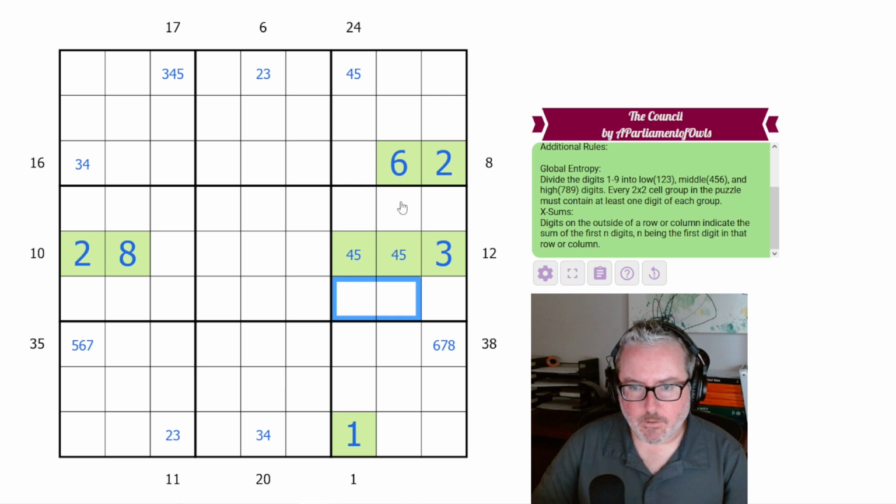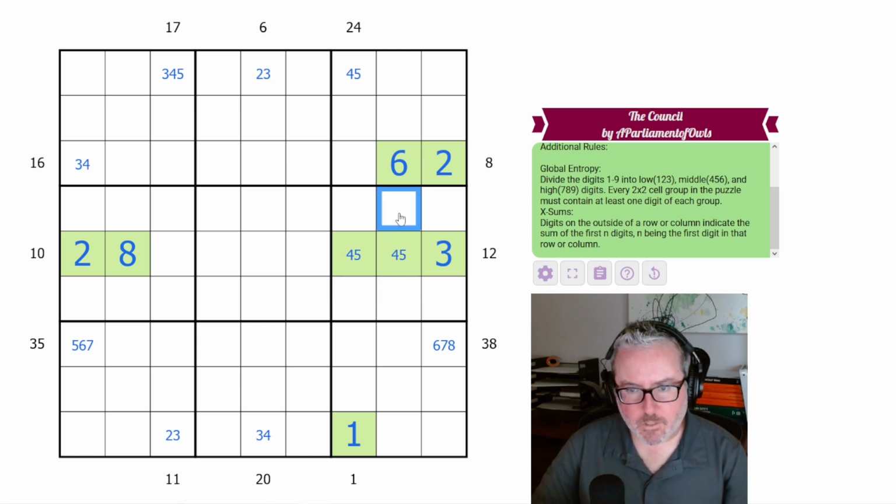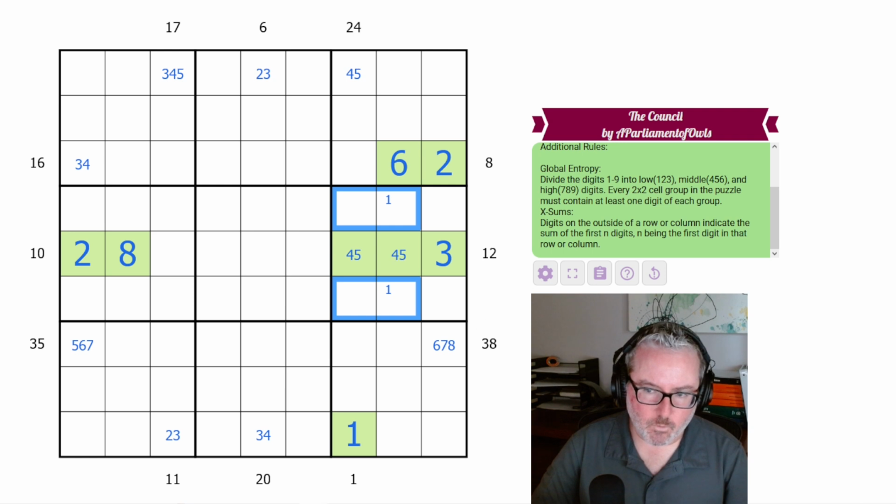So all of the lows are being taken up in these cells, which means one of these has to be a 1. Because this one sees those. We've already used the 3, so that's out of the equation for these guys. So the 2 has to be in one of these as well.